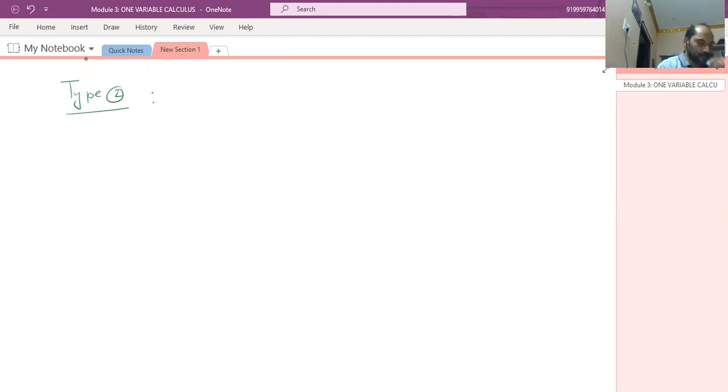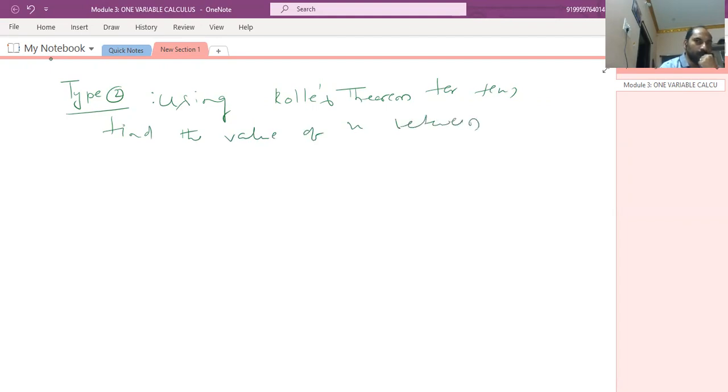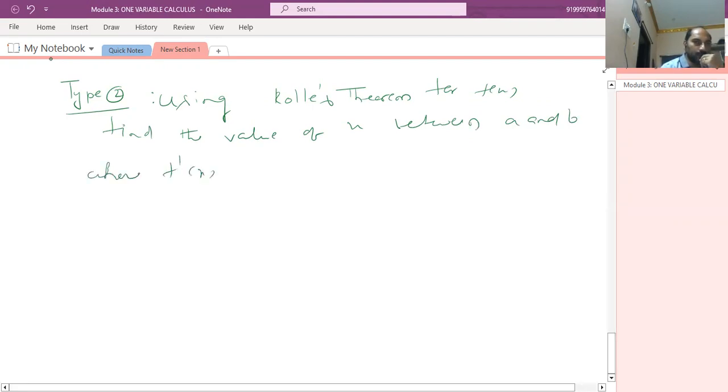Using Rolle's theorem for the given function f of x, find the value of x between a and b where f dash x equal to 0.